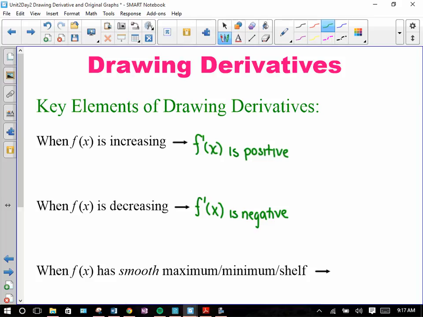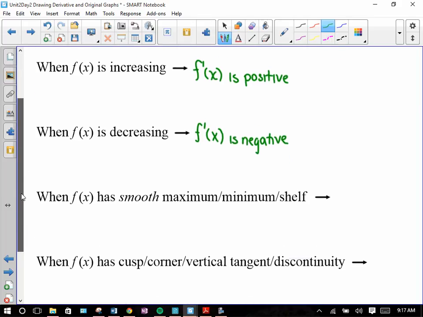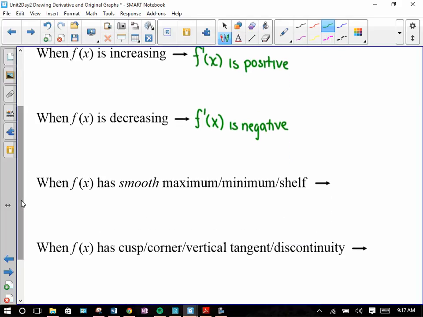Alright, now this next part is probably the granddaddy of them all. It says when f of x is smooth, this is essentially meaning it is kind of constant.